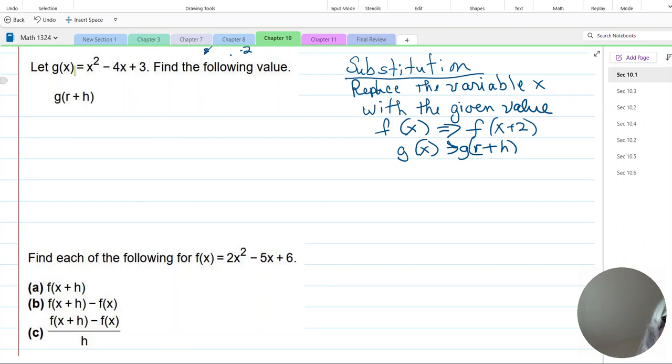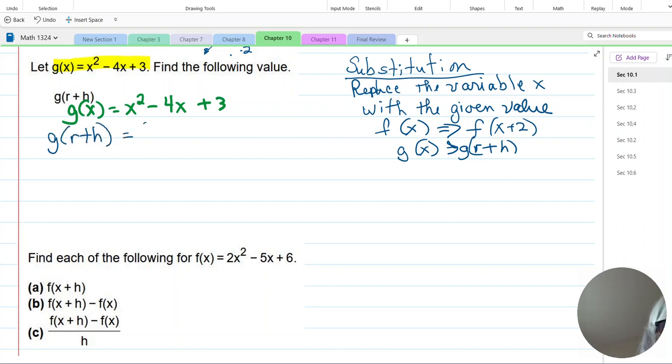Now remember, this is our function, g of x equals that. So I'm going to write it in green. And we want to substitute. What we want is g of r plus h.